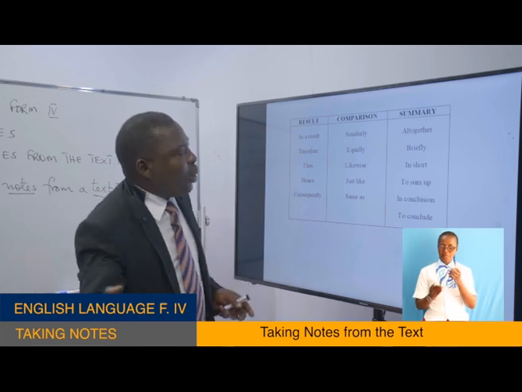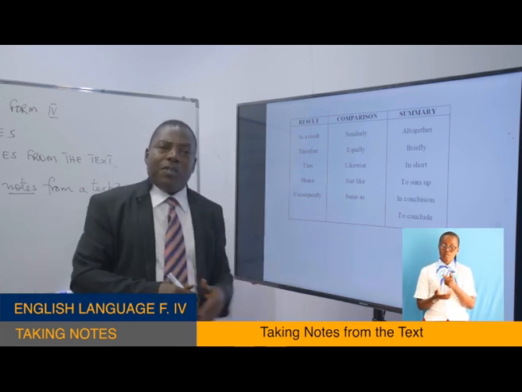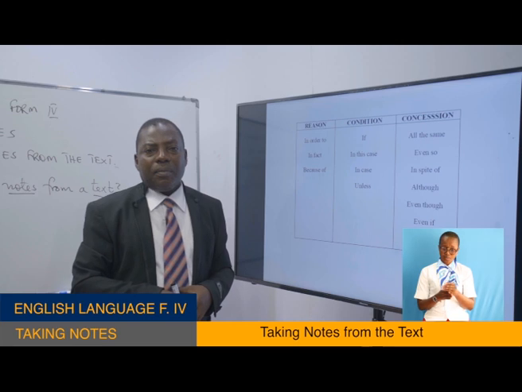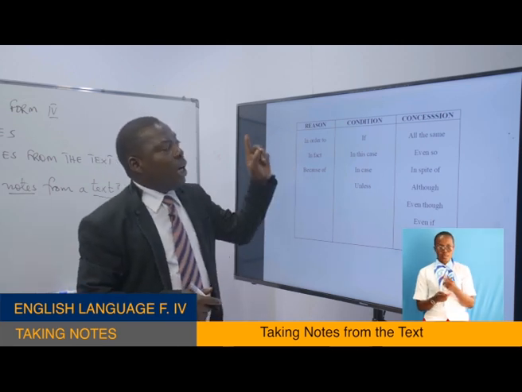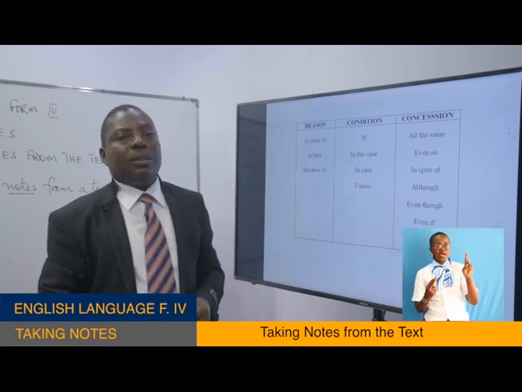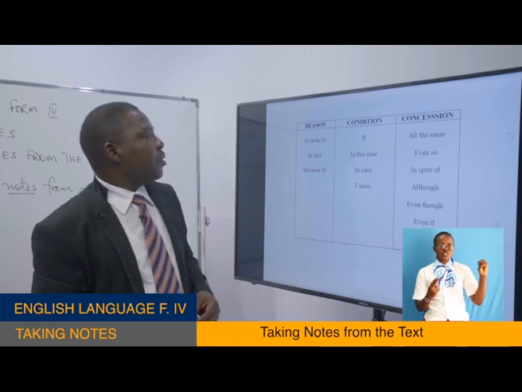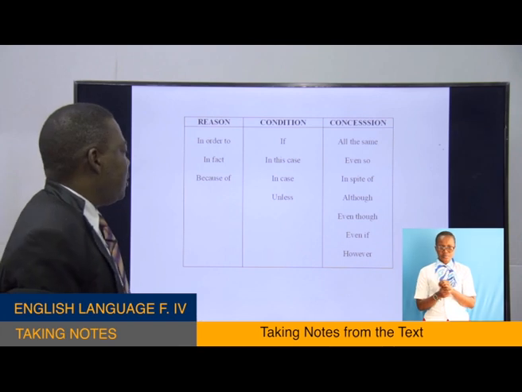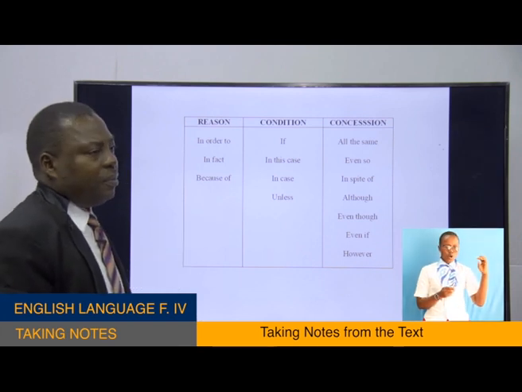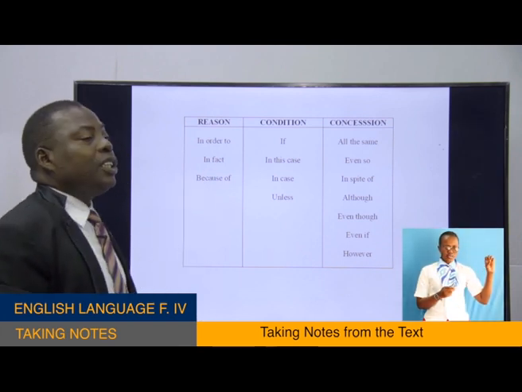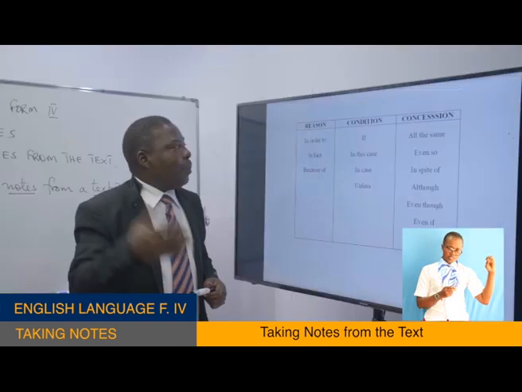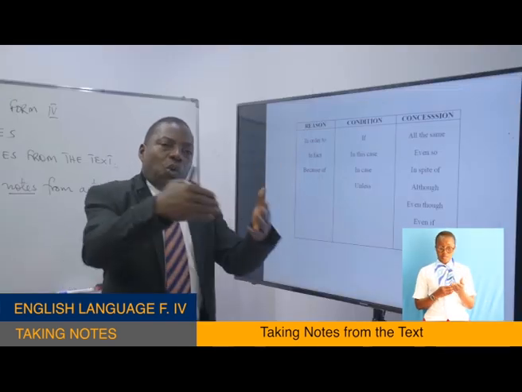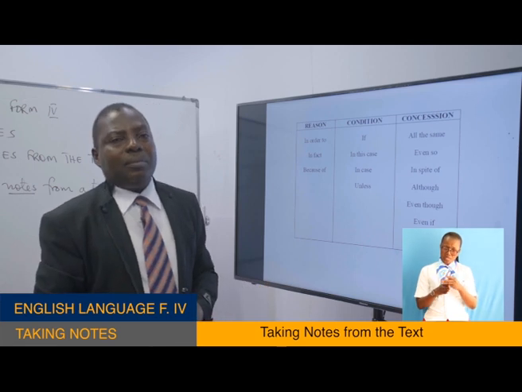Let's again look at the other bunch of the same. Here we have reason, condition, and concession. In order to, in fact, because of. These are linking signals that talk about the reasons as to why something has been done.